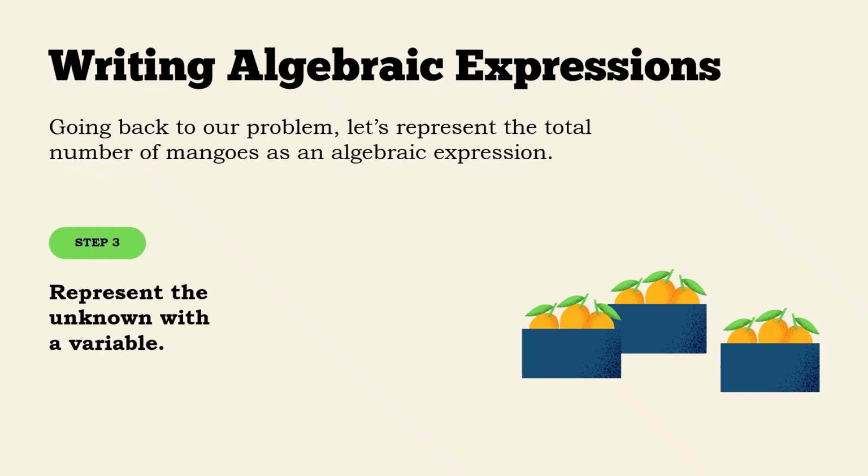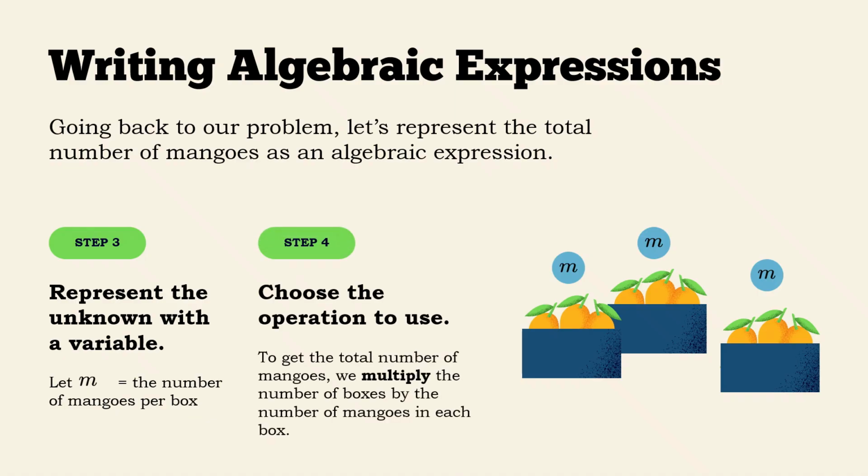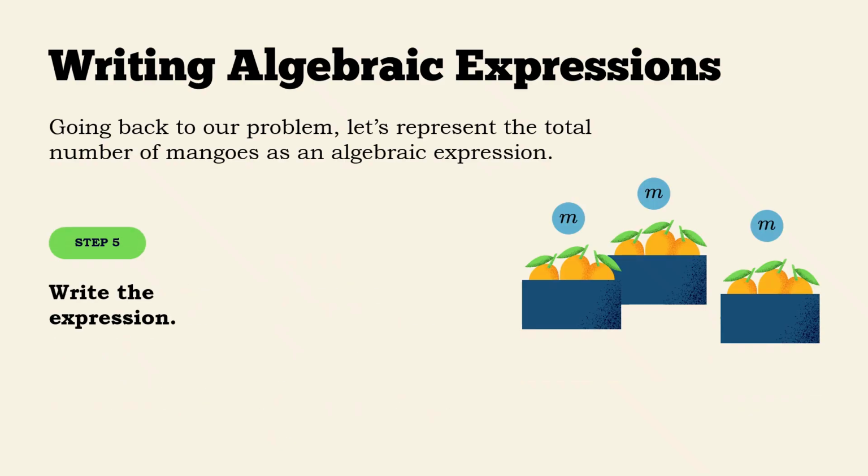So step 3, represent the unknown with a variable. Let m is equal to the number of mangoes per box. Step 4, choose the operation to use. To get the total number of mangoes, we multiply the number of boxes by the number of mangoes in each box. Step 5.